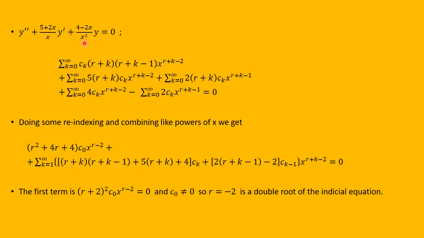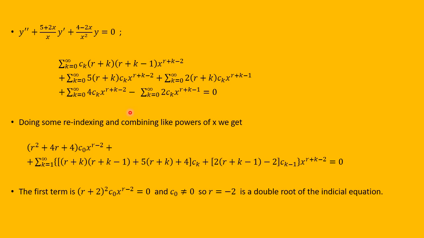Plus 4 minus 2x over x squared times y is the difference of these two series, and the whole thing equals 0. Now, we look at this, and we would like to solve for these coefficients, c0, c1, c sub 2, and so forth. So what we need to do with this is some re-indexing and combining like powers of x.